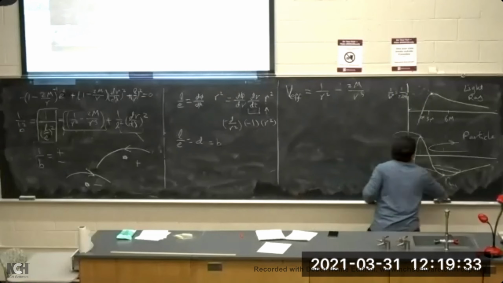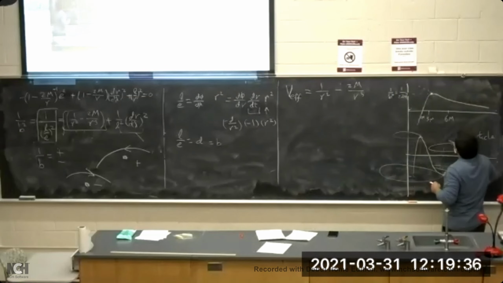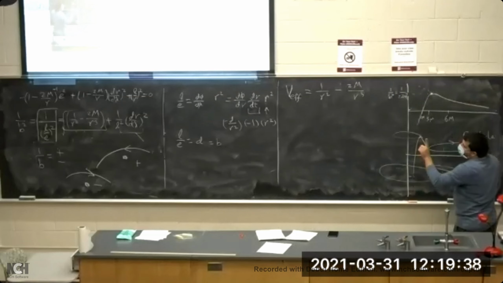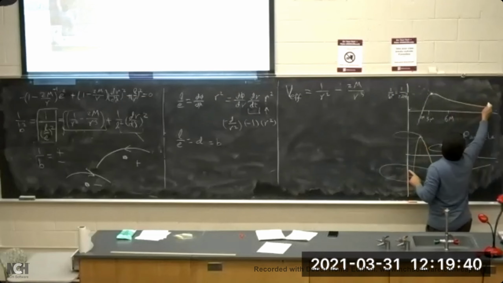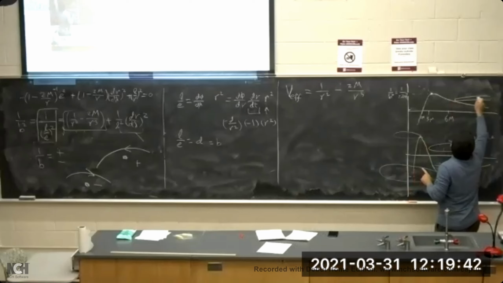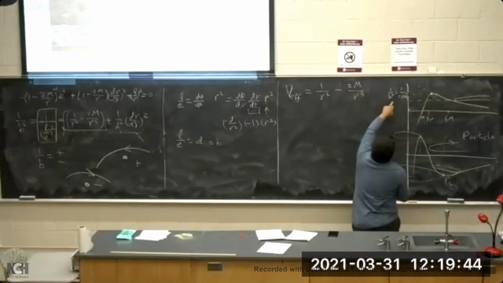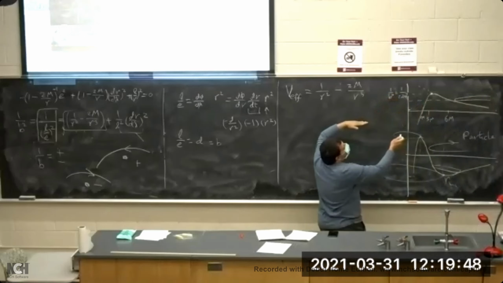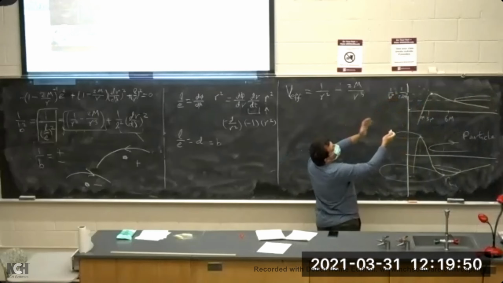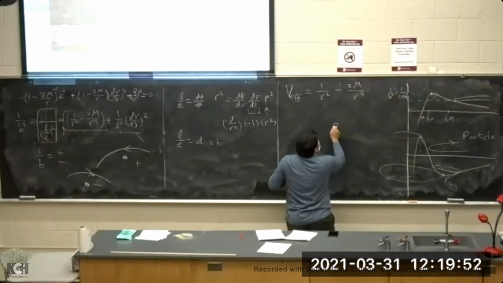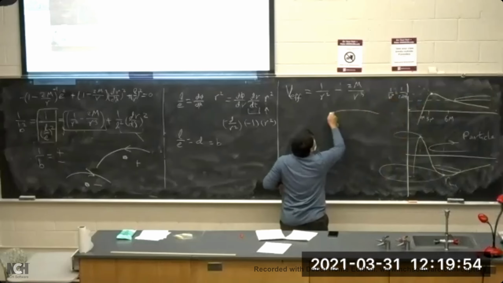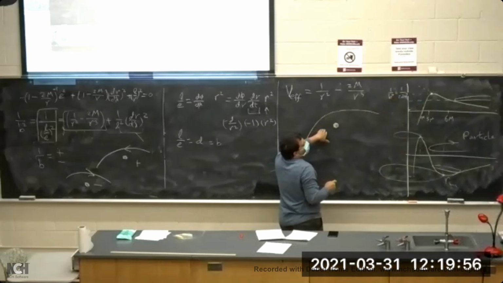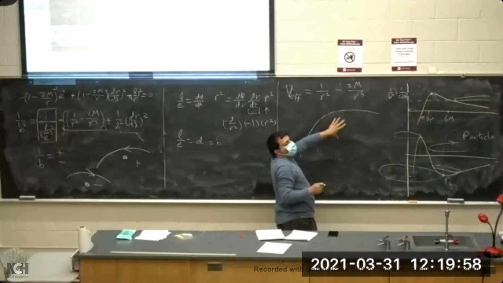Now, if we have a light ray with 1 over b squared less than 1 over 27m squared, then this light ray will scatter about this mass. It will not be captured by this mass.